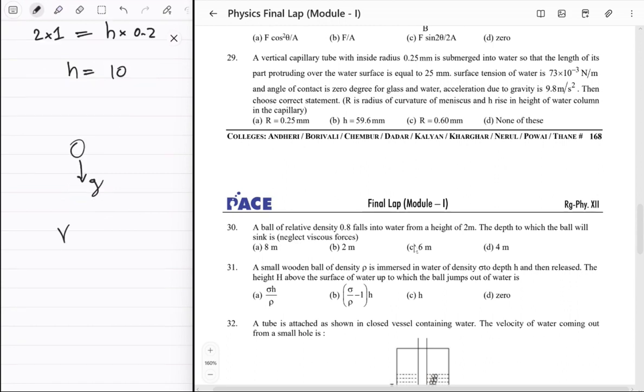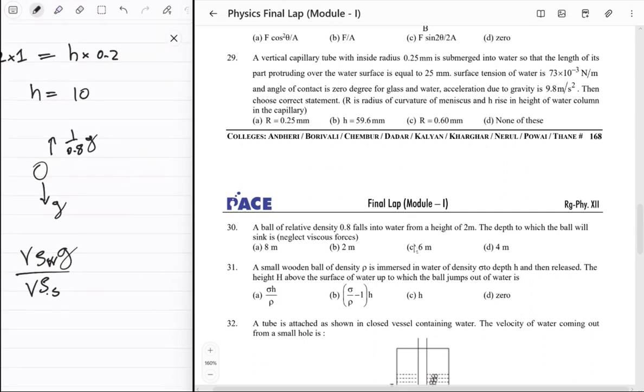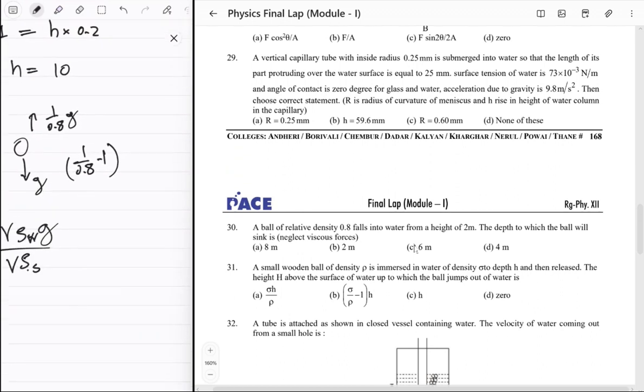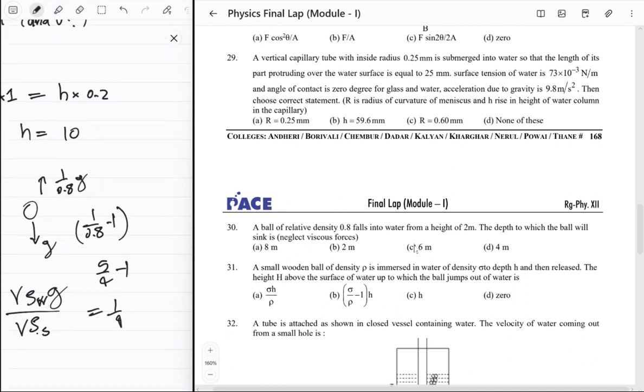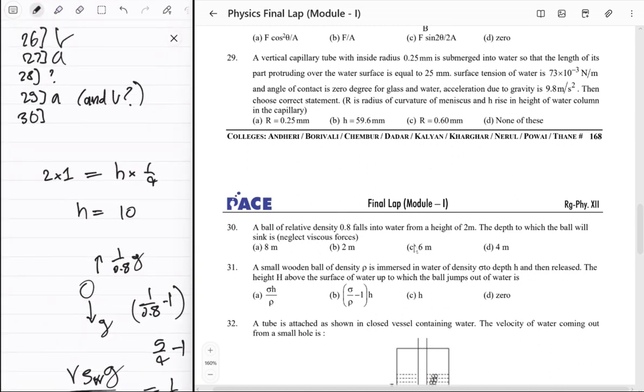Buoyant force इसकी जो भी volume है times density of water times g, वो ऊपर है, and then this upon the actual mass. Volume is the same, so rho_w upon rho_s, and rho_s is 0.8, ये ratio is 1 upon 0.8 times g. इसलिए गलत हुआ, so 1 upon 0.8 minus 1 that's the upward thing, मुझे यहाँ पे ये put करना चाहिए था. 0.8 क्या हो जाएगा, 10 upon 8, it's like 5 upon 4, so this minus 1 is 1/4 over here. ये गलत हुआ, आप समझा क्या हुआ है? So h is just equal to 8, which is an option.